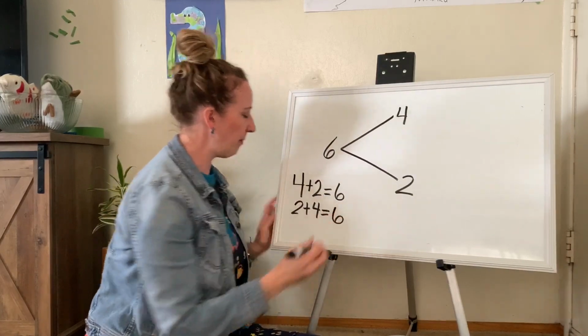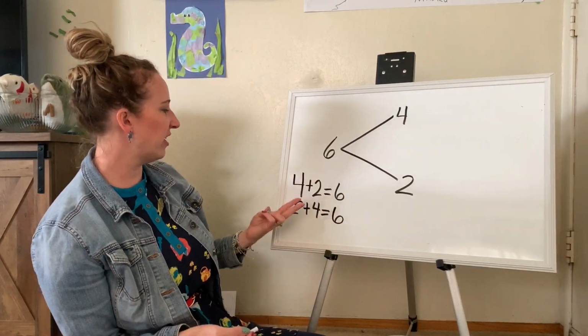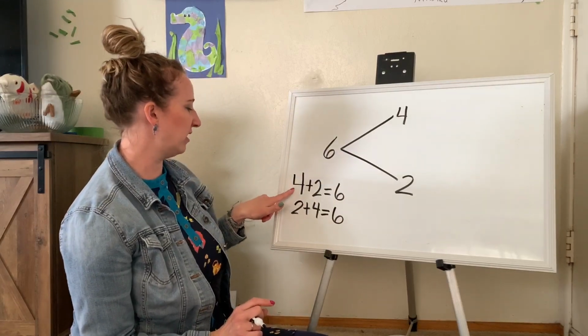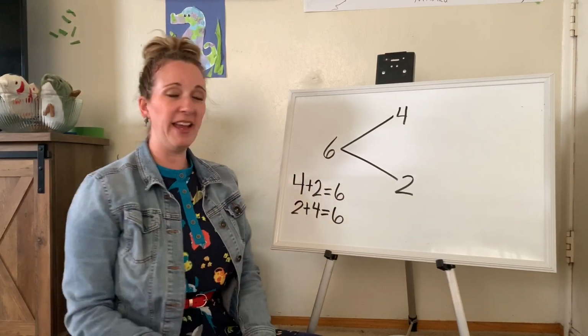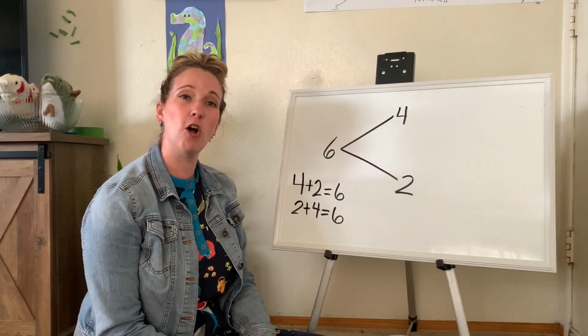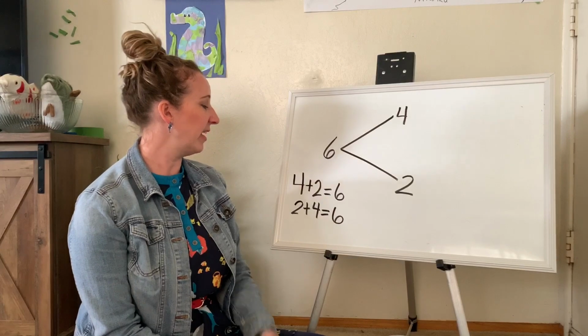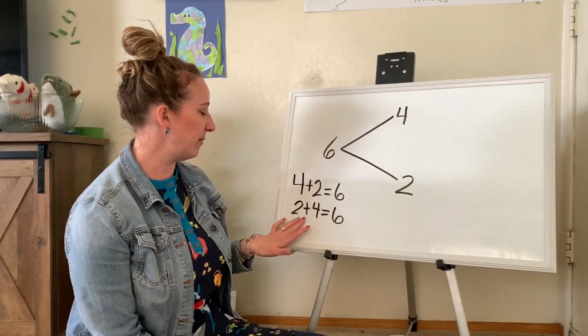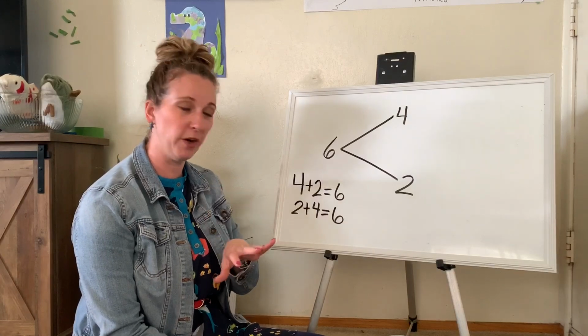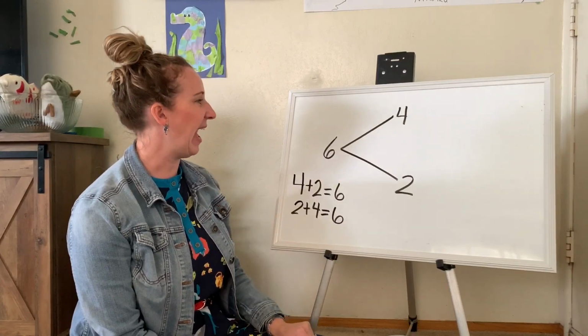So remember, all I did here was switch the numbers' places, or their location. I switched spots with them. Also, when I said the word problem to you just now, I said the words all together. That means we are going to add. All together is a clue word that means we are going to add.